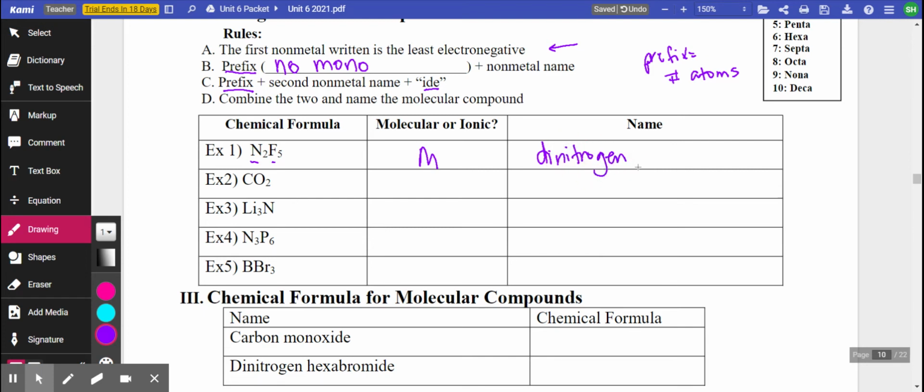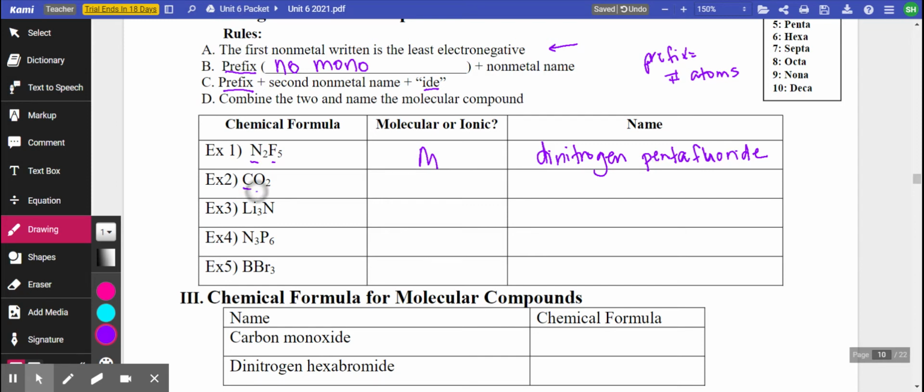And then there are 5 fluorines, and so I'll write penta for 5. And then I'll take fluorine and change the ending to ide, like we've done before. Okay, so it's dinitrogen pentafluoride. So if I see prefixes, that tells me that it must be a covalent compound.